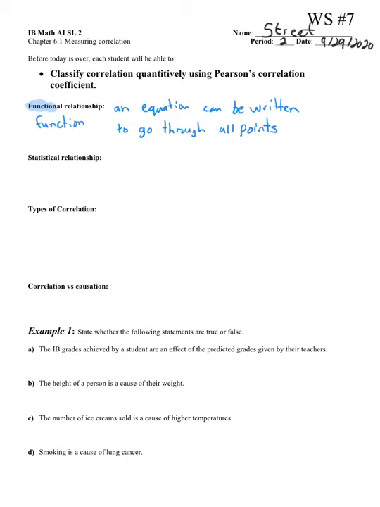That's what a functional relationship is. So just any equation of a line or a parabola would be considered a functional relationship. So it's basically a direct relationship.